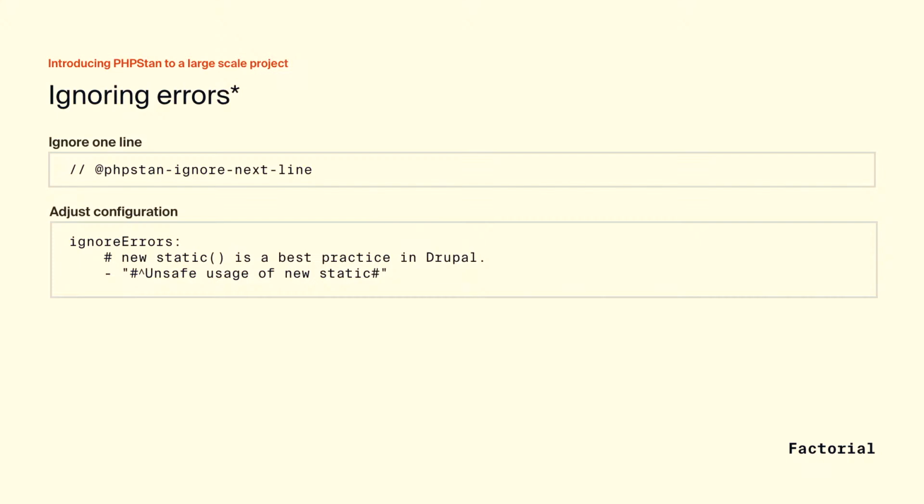Again, PHPStan Drupal is an extension for PHPStan, and you can help by going to the GitHub repository. The easiest way to get into this is actually writing stub files. So what are stub files? The concept, essentially: imagine you have Drupal core, and Drupal core is not doing something well, for example, in the PHP docs.